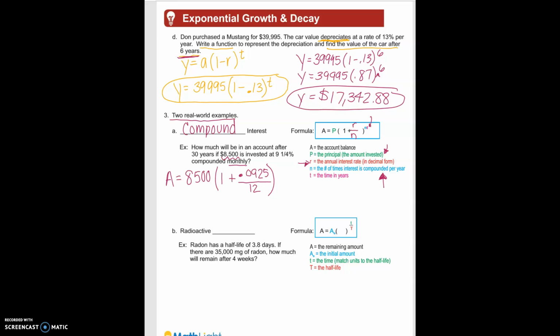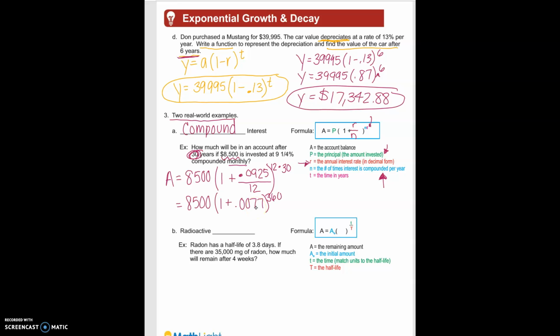And this all goes to the power of the number of times per year, 12, times the number of years we're doing, which is 30. It's a lot, but it's just plug it in and put it in your calculator. So let's clean this up a little bit.